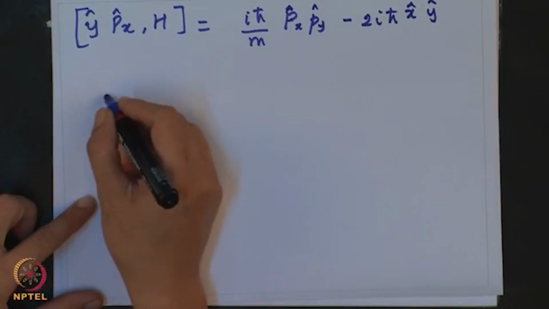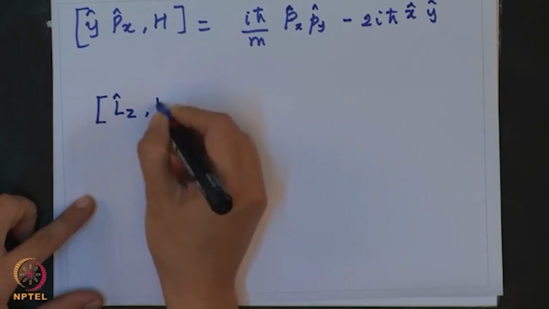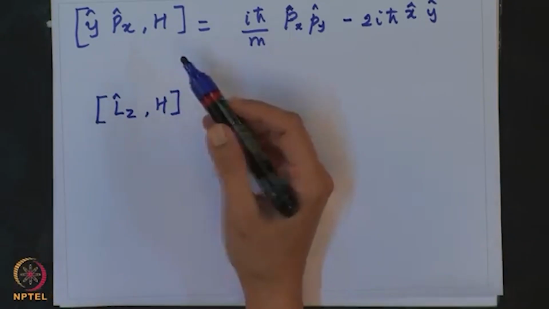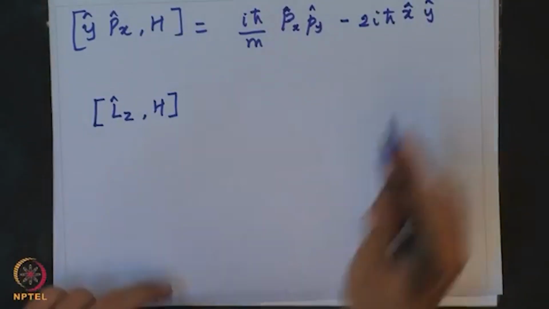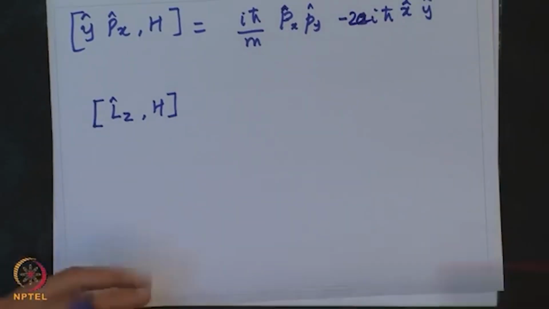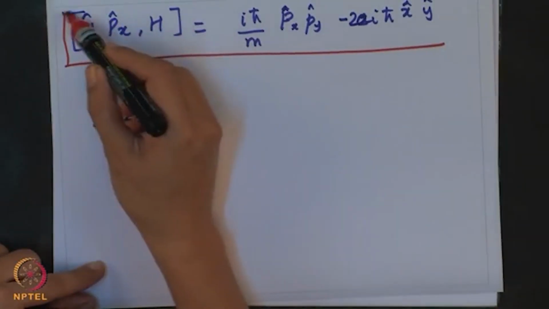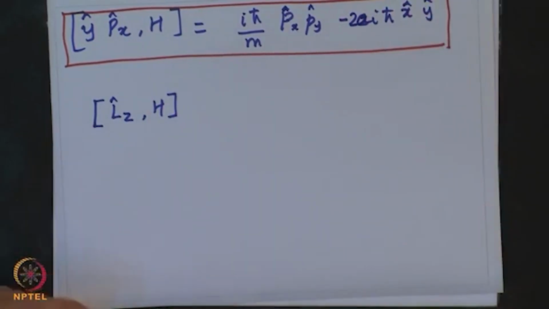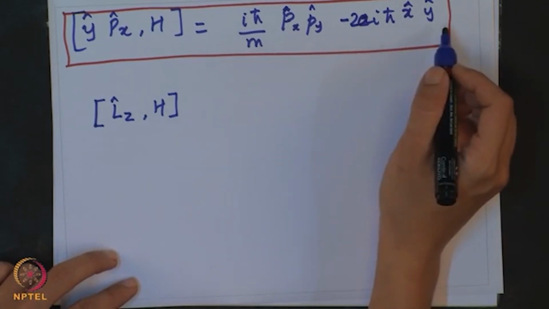Now with this you can find out Lz with the Hamiltonian operator. You have to subtract this term from this. You can see they are equal and opposite. So, this is the second term i h cross px py upon m minus 2a i h cross x and y.